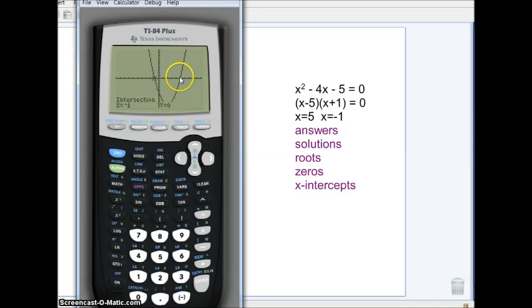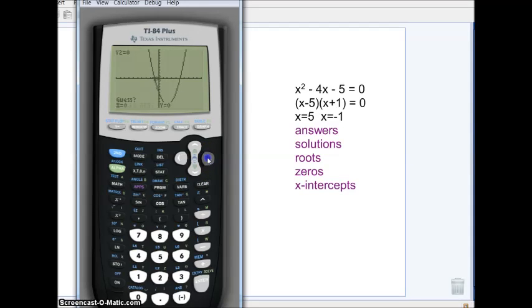I want to see the other one, right? So we have to do this all over again. We're going to press second, press trace, get into the calc. I want the intersection of the graph with the x-axis. So I'm going to press again, choice 5. First curve, yes. Second curve, yes. The only thing that's going to be different, of course, is our guess.